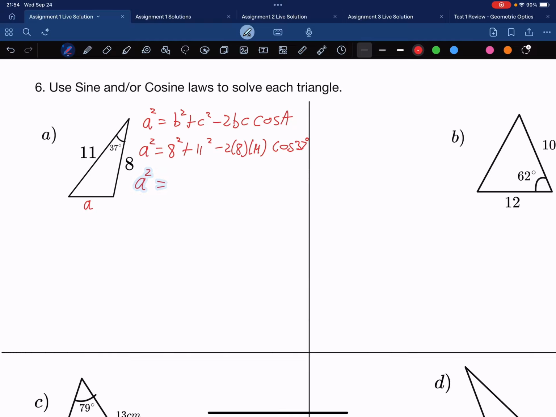Either way, that gives us 185, minus 2 times 8 times 11, 176. And I will leave cosine of 37 degrees on its own for now.